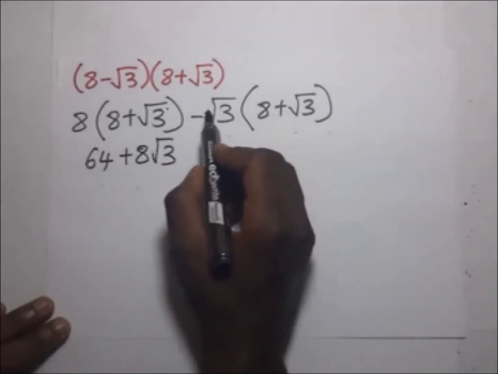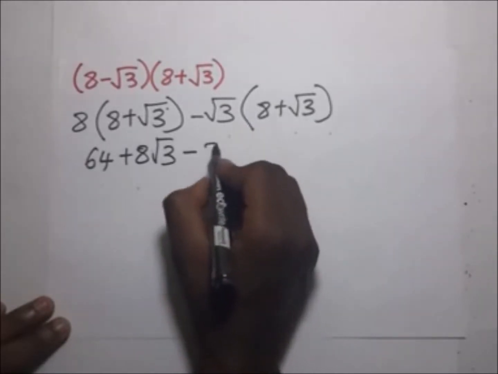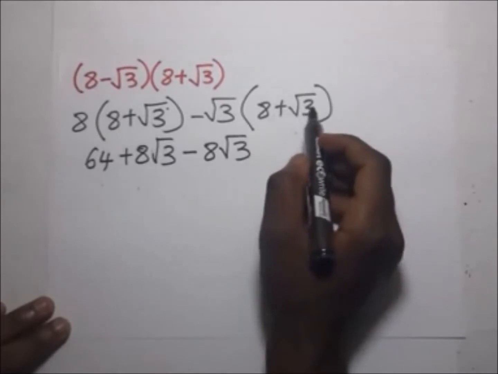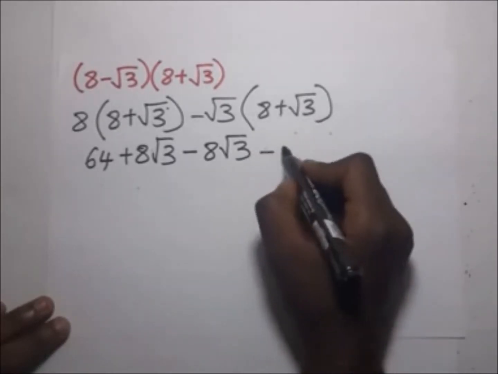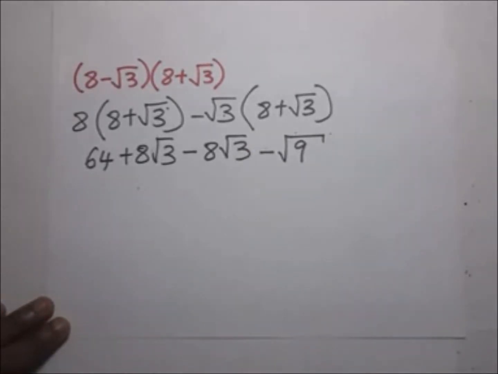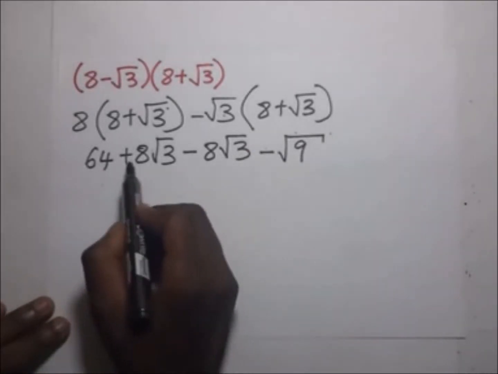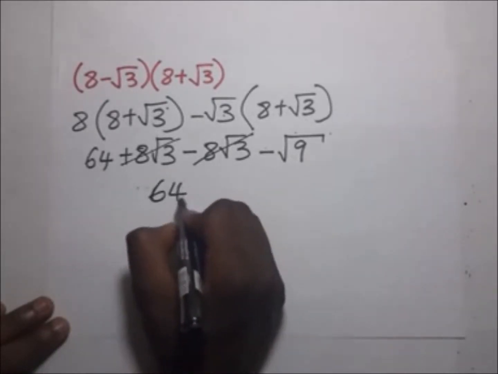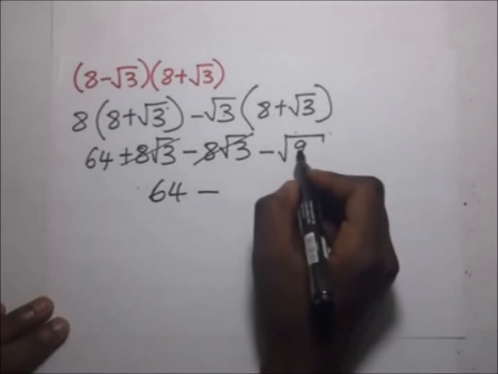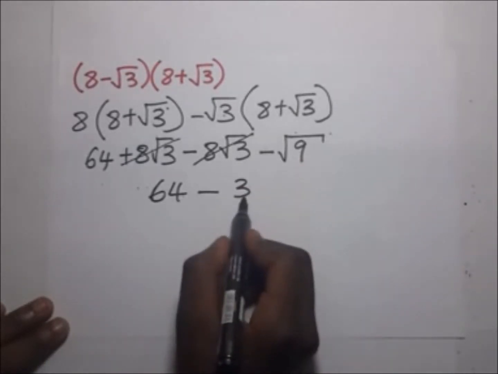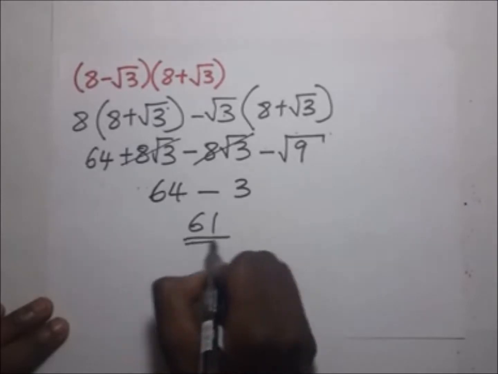Negative √3 times 8 gives negative 8√3. The negative √3 times positive √3 gives negative √9. The 8√3 terms cancel each other, so we remain with 64 minus √9. The square root of 9 is 3, and 64 minus 3 leaves us with 61.